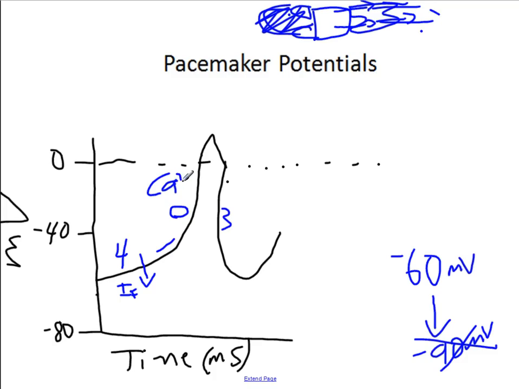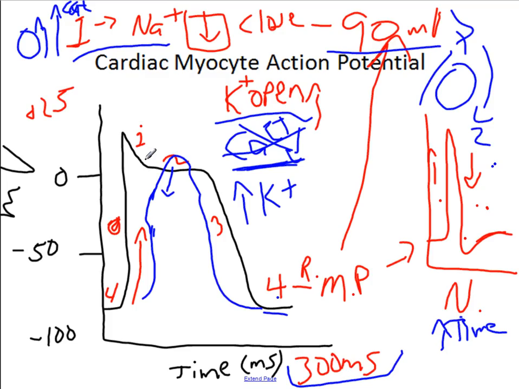These are a little goofy as well, because these calcium channels are a lot faster than that of the cardiac myocyte here. So with this plateau phase, the calcium is moving in relatively slowly.